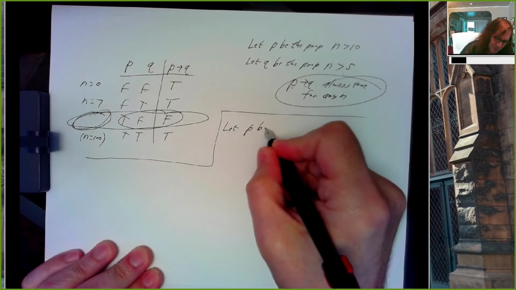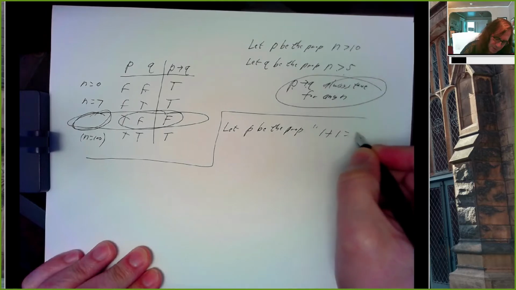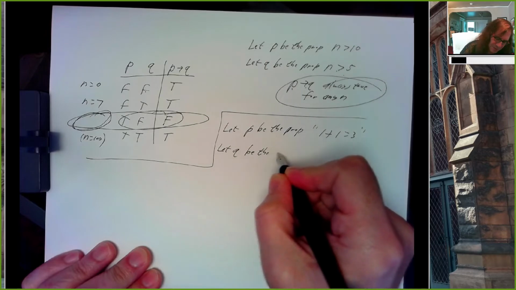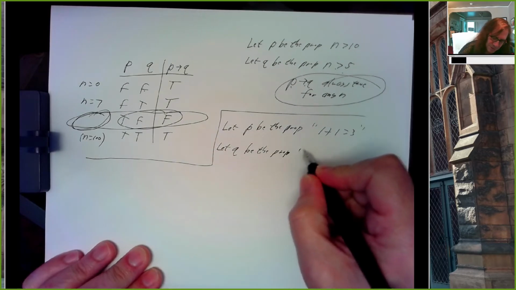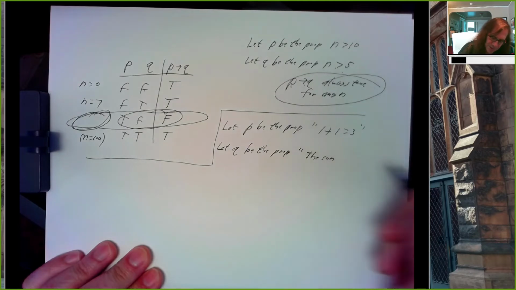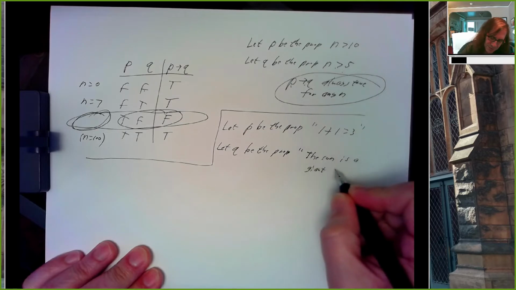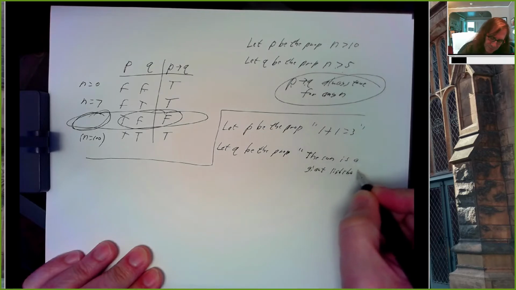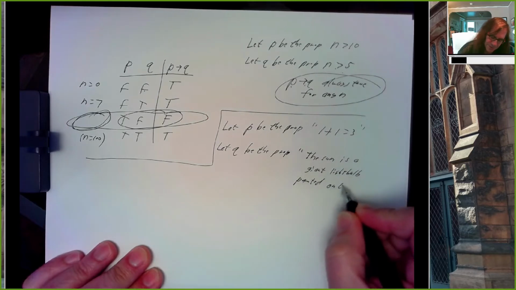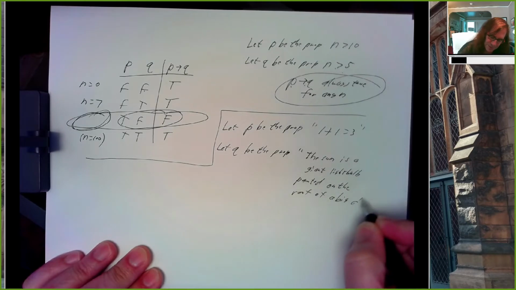So let p be the proposition 1 plus 1 equals 3. Let q be the proposition the sun is a giant light bulb painted on the roof of a big dome.